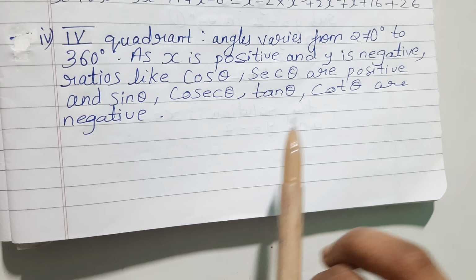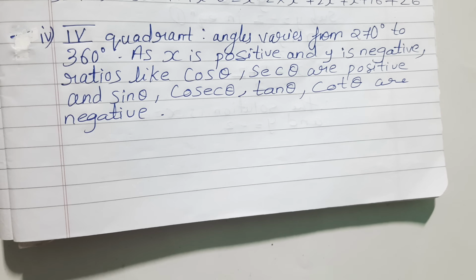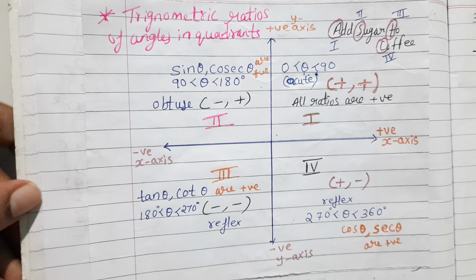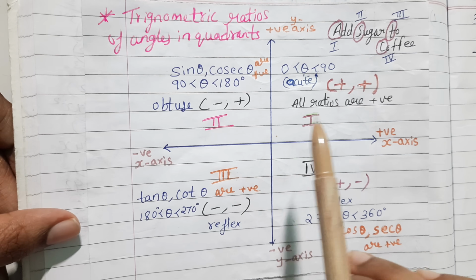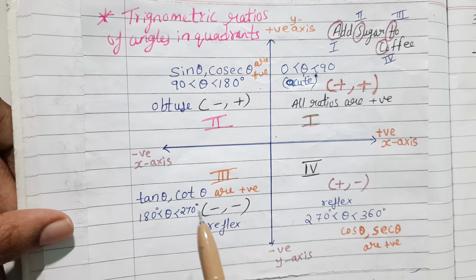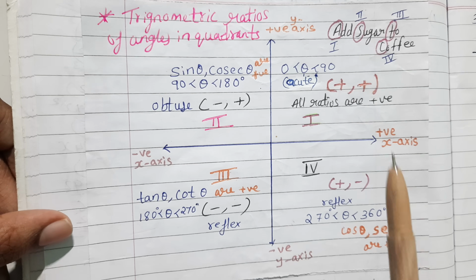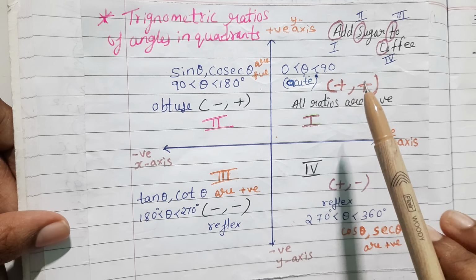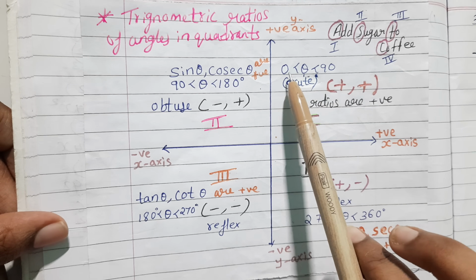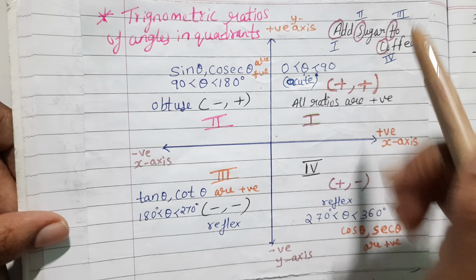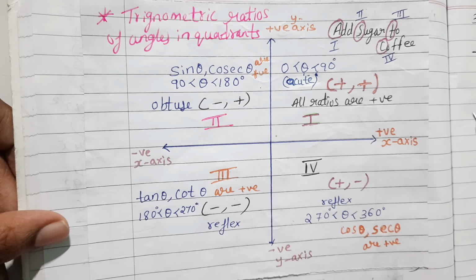Okay, so I hope you all are understanding the trigonometric ratios. Just now I was discussing the first quadrant, second quadrant, third quadrant and the fourth quadrant. The first quadrant says that the angle varies from, here you can see, 0 to 90 degrees.